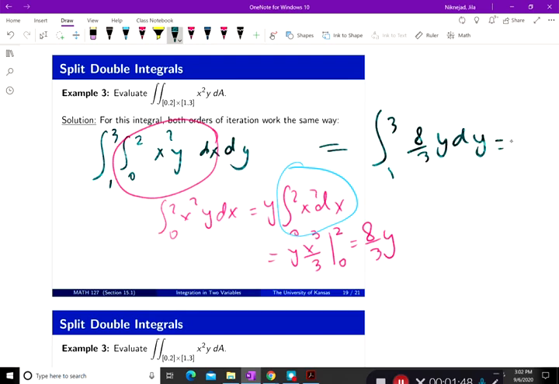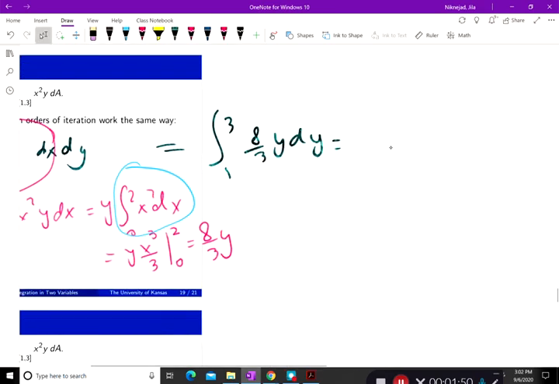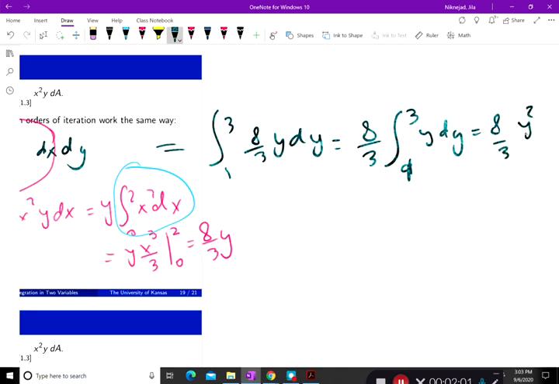This time around, y is not a constant, 1/3 is the constant. It gives you 1/3 times y squared divided by 2, from 1 to 3, which is 9 minus 1 divided by 2, which is 8 divided by 2, and that's 4. So the entire thing is 32 divided by 3.